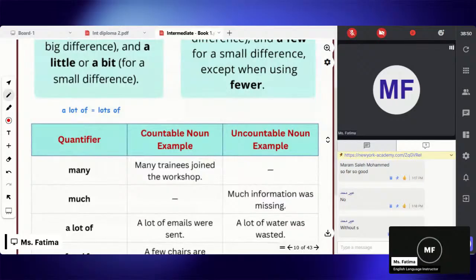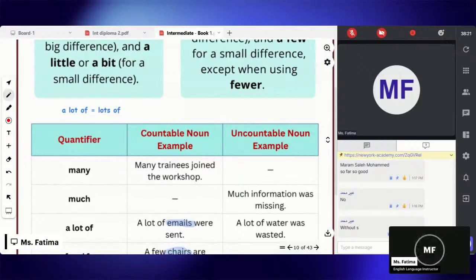If the word is countable, a lot of or lots of plural. Yes, the plural guys. Notice the plural now. A lot of emails, not a lot of email, a lot of shares, not a lot of share.